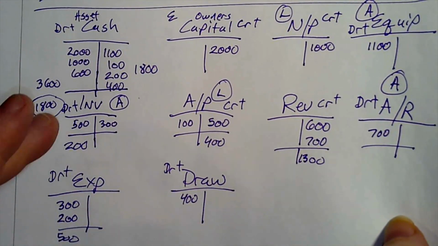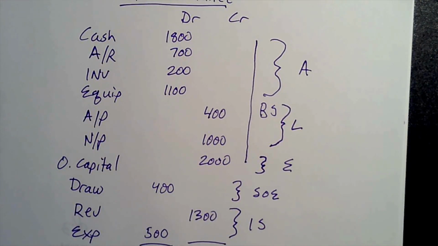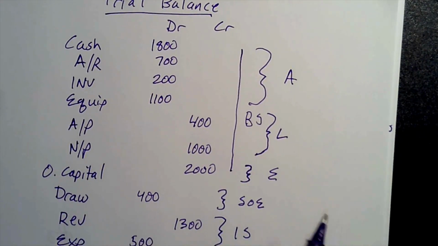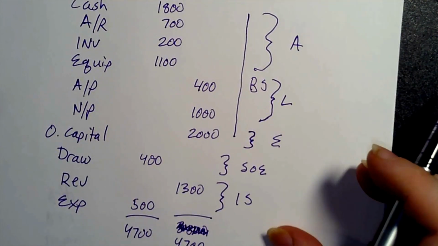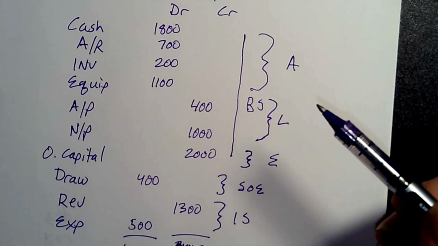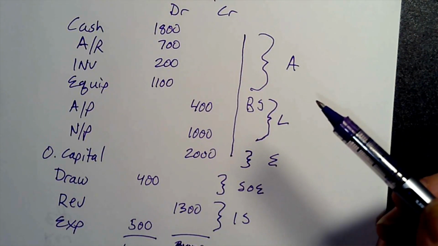We take the summary of the T accounts and put it on the trial balance. We double check to make sure that the debits equal the credits. Once we've confirmed that, I can then create my financial statements using this information. And that's how we go from business transactions to creating the financial statements.